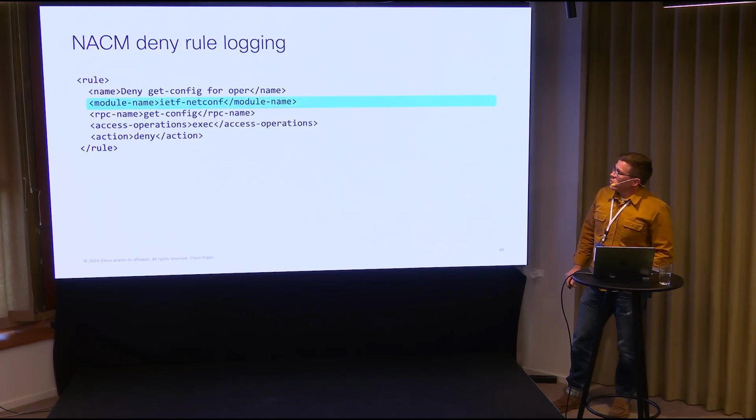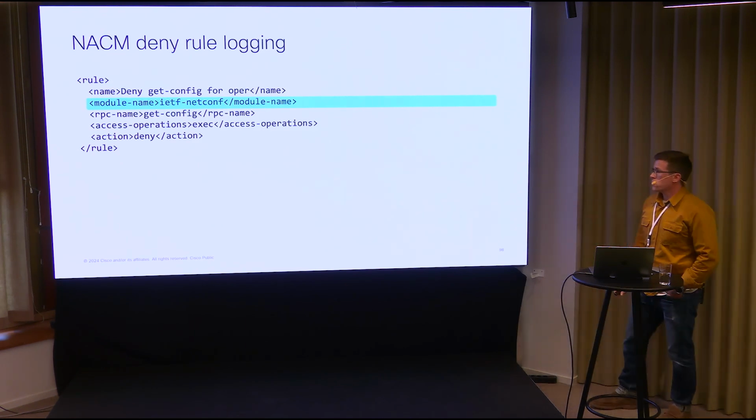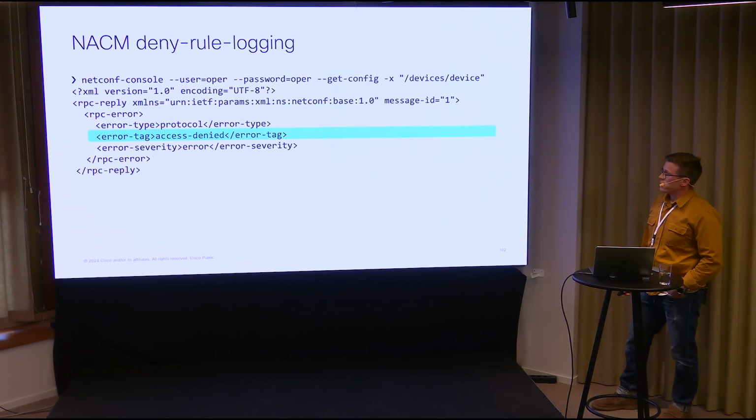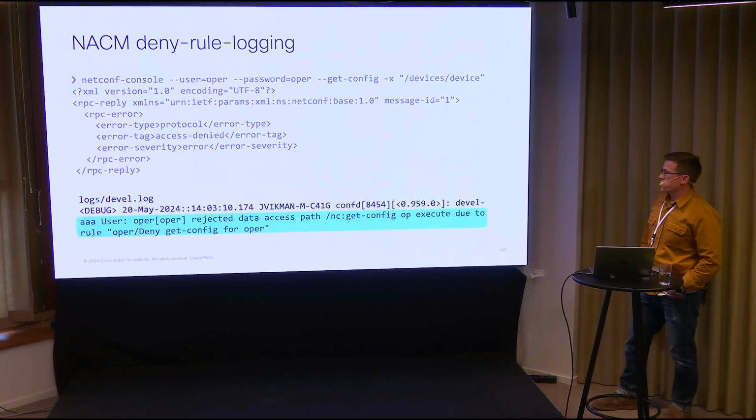And if we have a deny rule, I restricted it again, this is for the NETCONF module, get-config and deny, then we get an access-denied tag, which is a bit nicer, and we see it in the developer log again, with the rejected data access path.